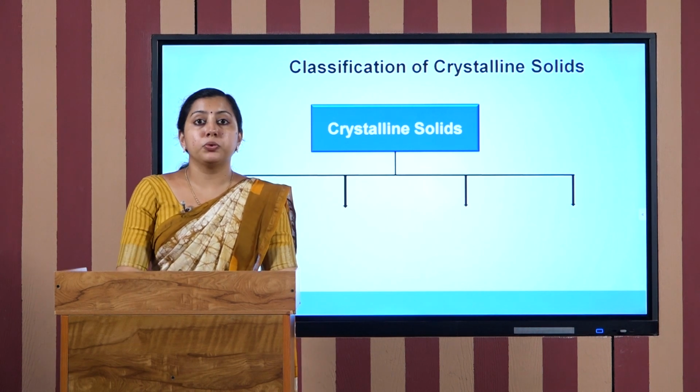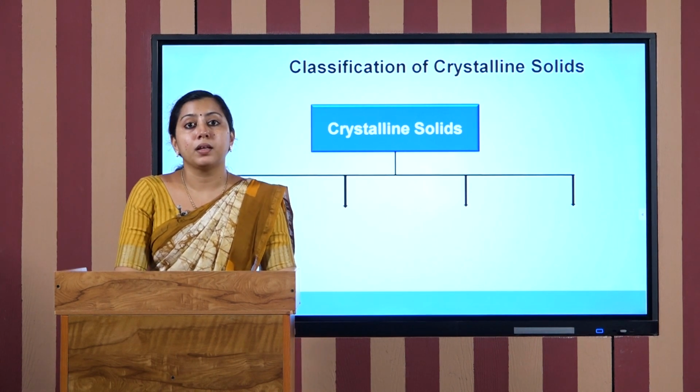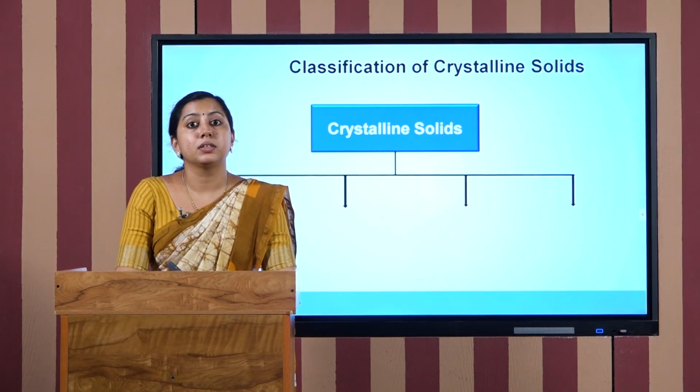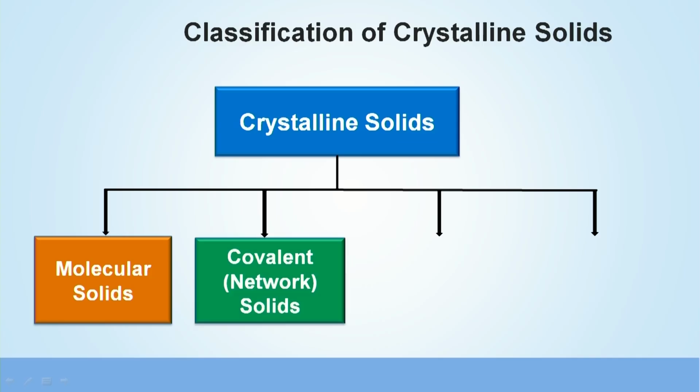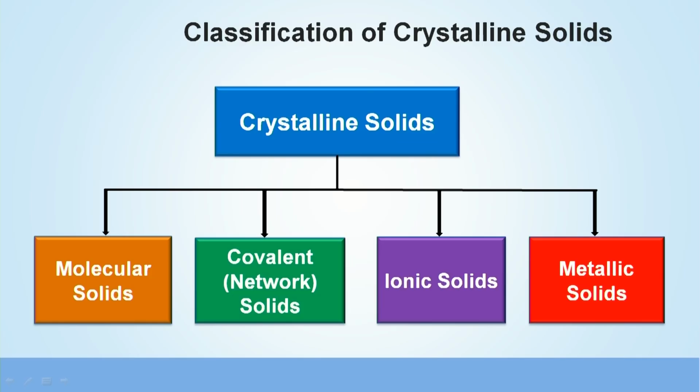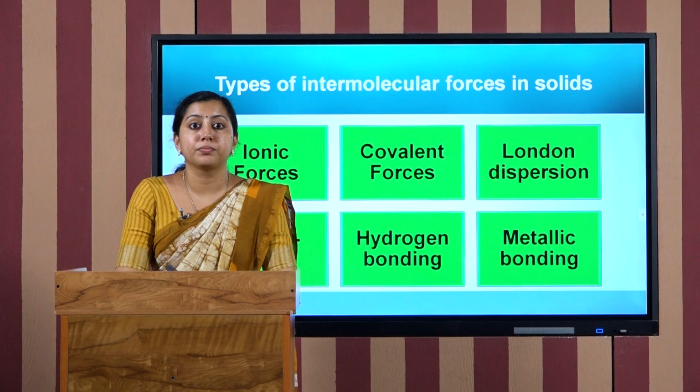So, now we will move on to today's session. In the previous class, we have seen different types of crystalline solids. They can be molecular solids, covalent or network solids, ionic solids or metallic solids.